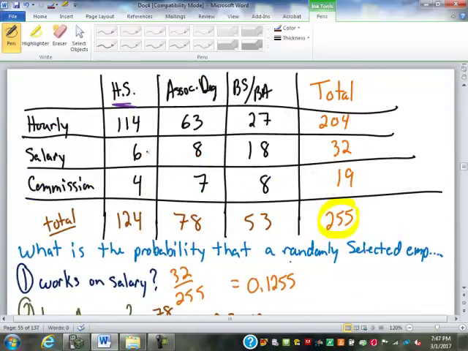That means we are no longer looking at the whole 255 anymore. When we said given they have a high school education, what we are saying is we are now only looking at that column right there, those that have a high school education. How many of them work hourly? 114 out of 124.